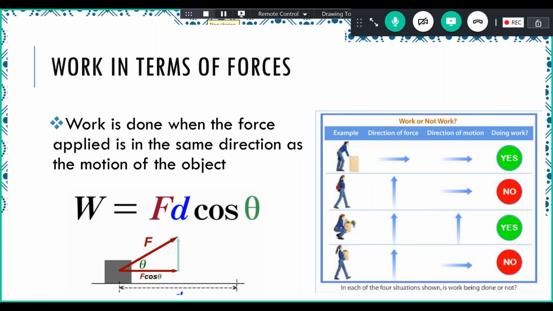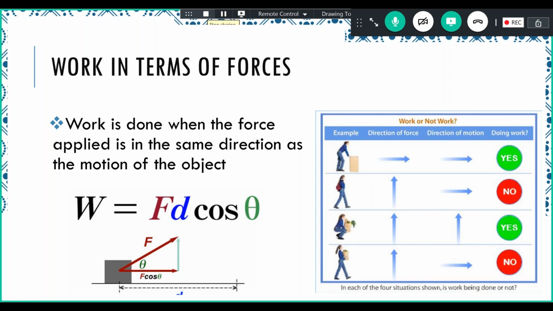Now, let's say a person is walking. The direction of the force is upwards because of the normal force on the person, but the direction of motion is going to the right. The motion and force are in different directions. Therefore, we are not doing work in this scenario.